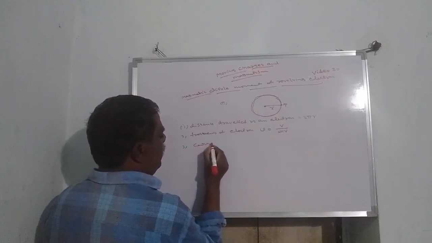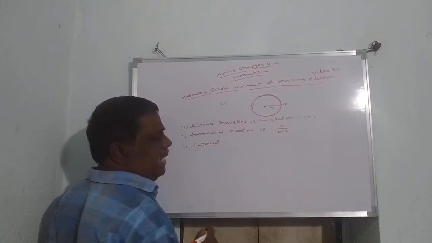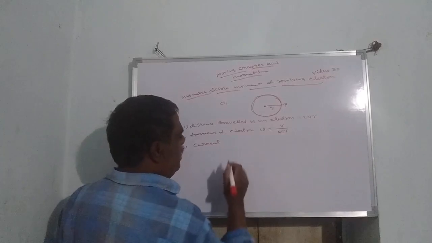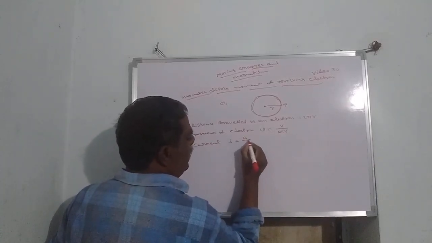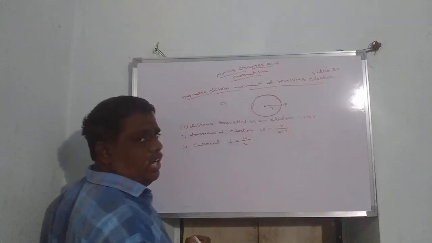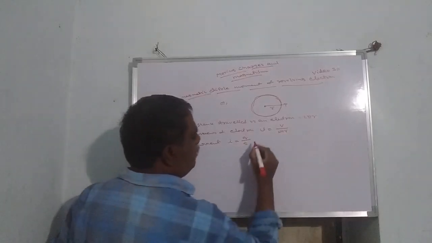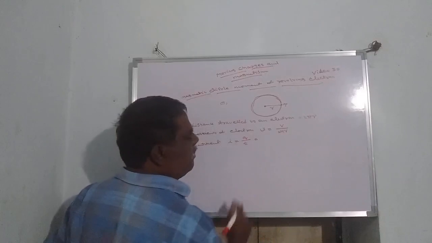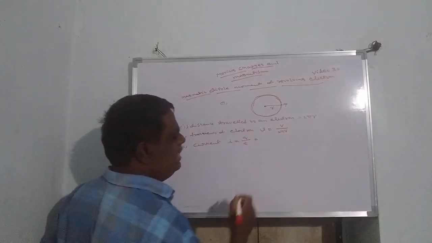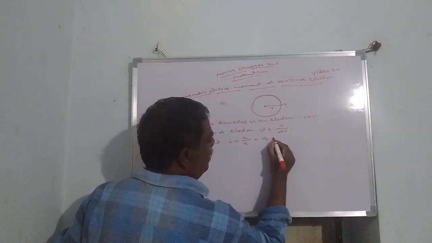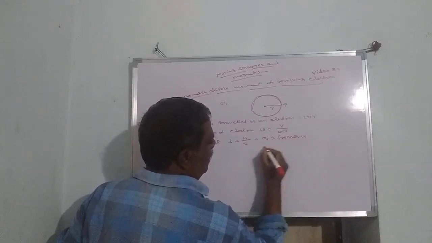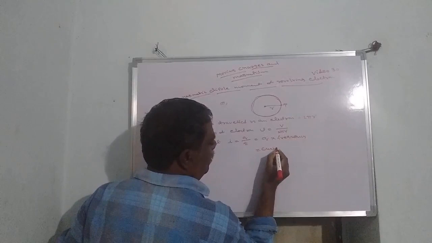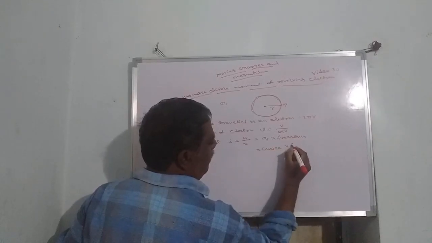Next step, current produced by this revolving electron should be denoted with I. We know that I is equal to q by t, charge by time. So reciprocal of time is nothing but frequency. That means it becomes charge into frequency.